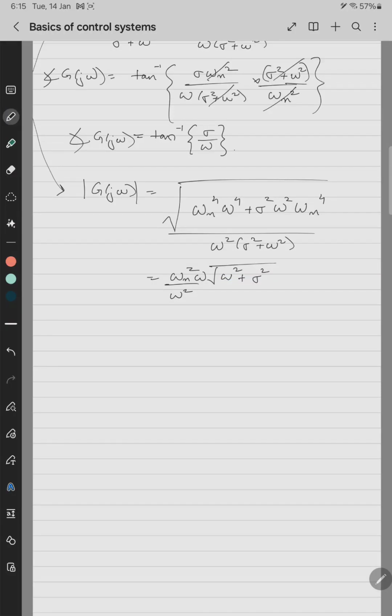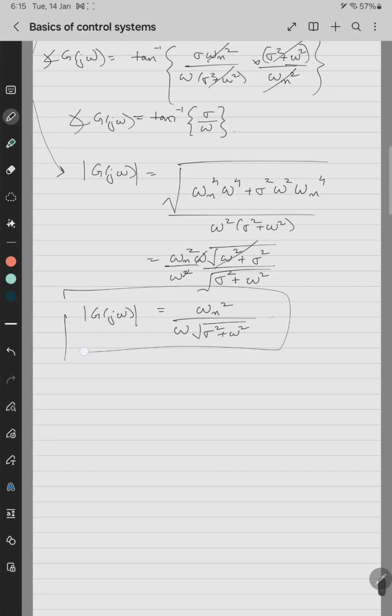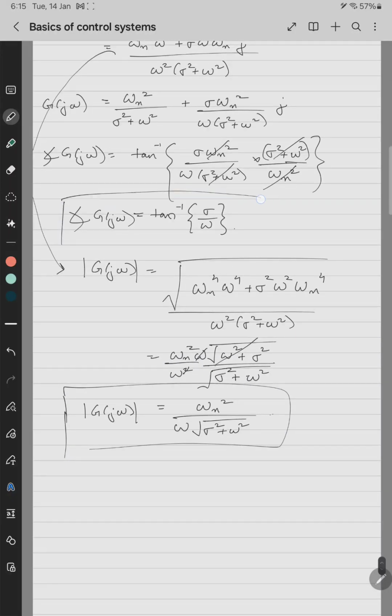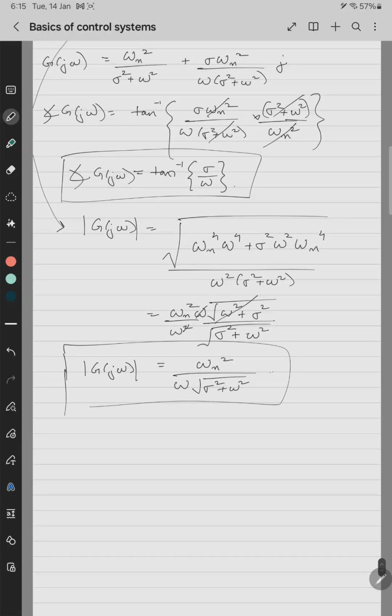Omega to the 4 into omega square we are taking outside, so omega square plus sigma square divided by sigma square plus omega square. So this will get cancelled and this will be under root of this. So numerator will be omega n square by omega into under root of sigma square plus omega square. This is mod of G of j omega, this one, and this is angle of G of j omega. So this is the thing.